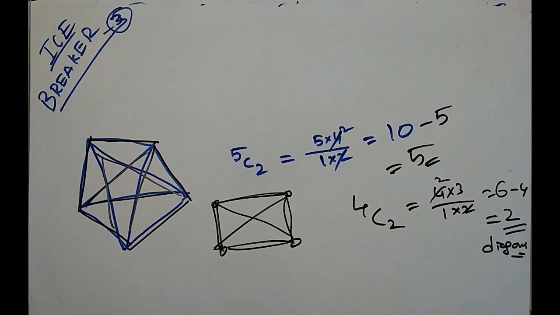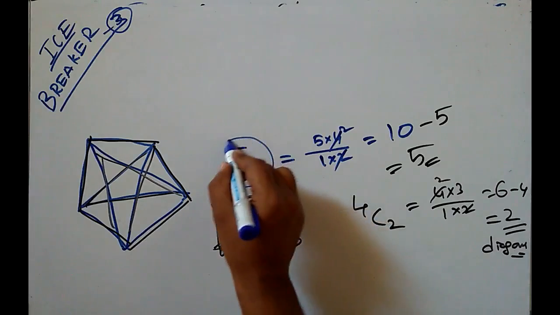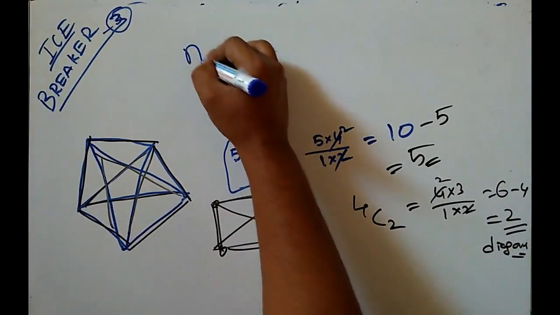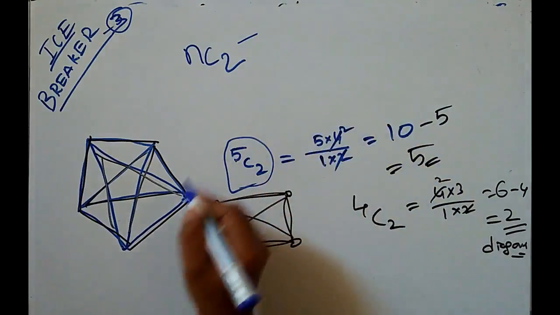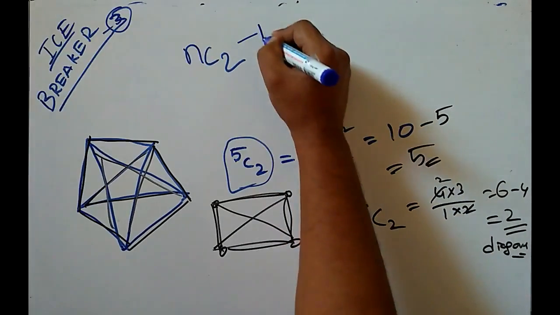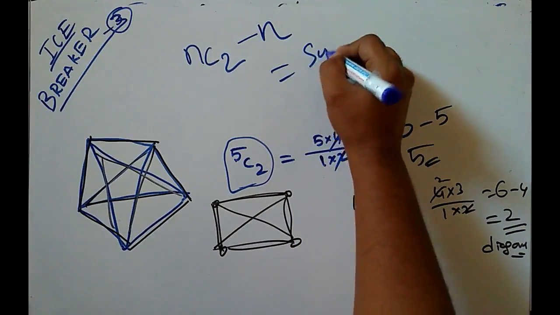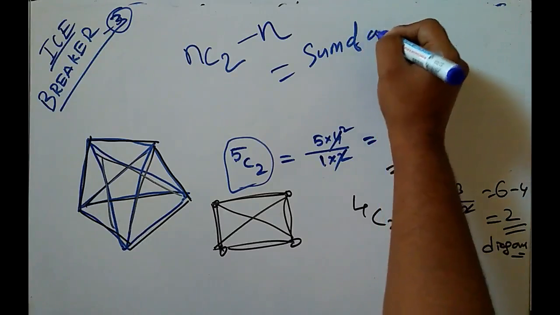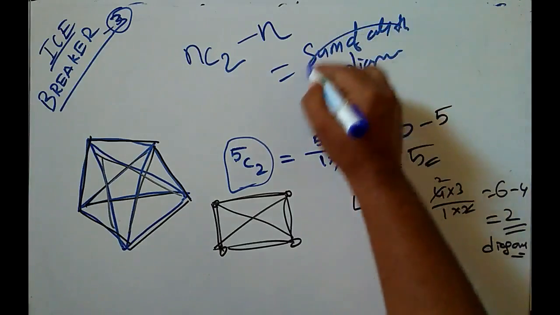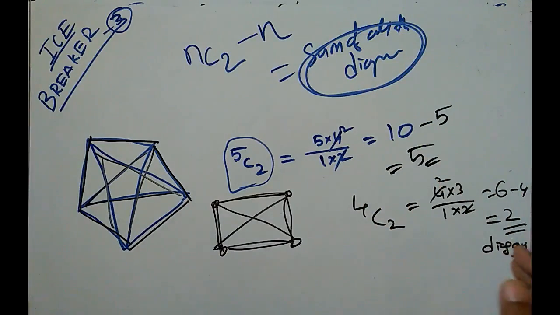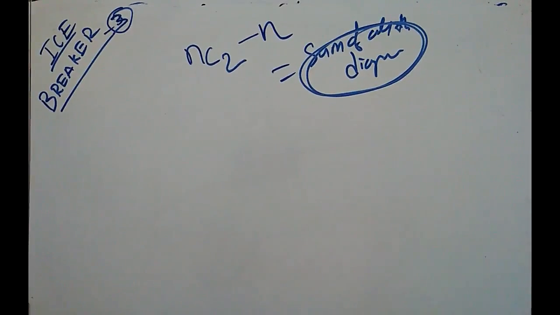So here we have this formula 5C2 or NC2. From this NC2, if we subtract the number of sides, that is n itself, we will get the total number of diagonals in a polygon. So our formula is NC2 minus n.